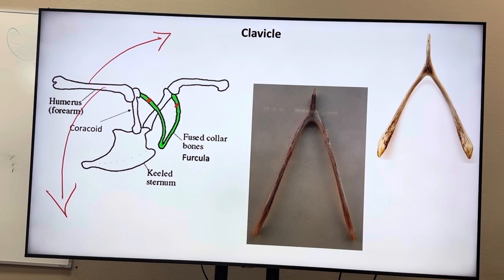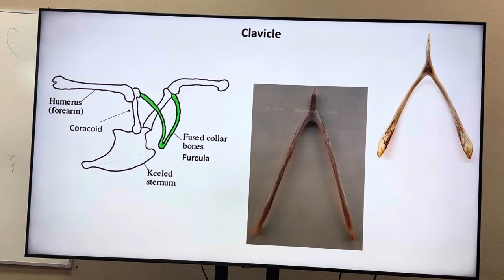So the downward stroke is going to move laterally. The upward stroke is going to move medially. So this helps to maintain a certain distance between the shoulder and also the other side.